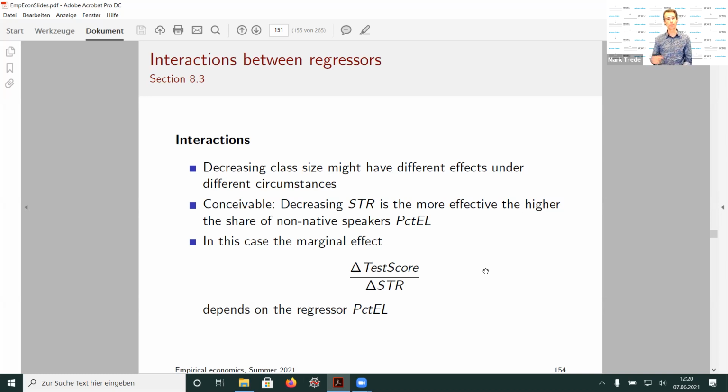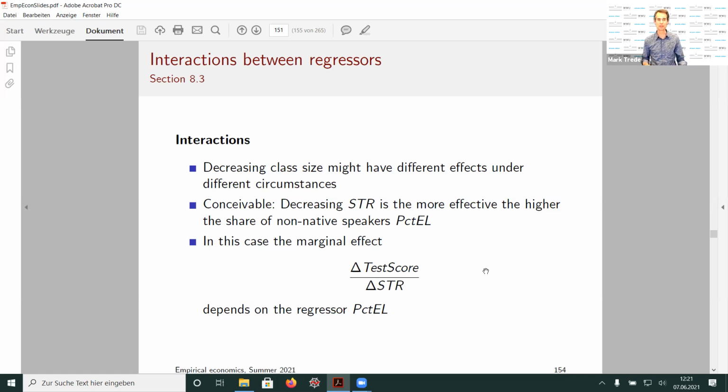No matter whether the class size is already large or small, or whether we are in a district with high average incomes or low average incomes, or whether we are in a district where many students have to learn English because it's not their native tongue, or whether we are in an area where all the students already speak English as their mother language. So one of the fundamental assumptions of the linear regression model is that the marginal effect is constant.